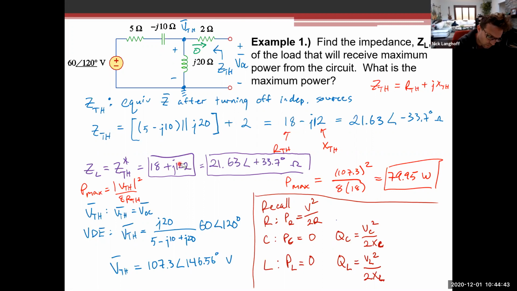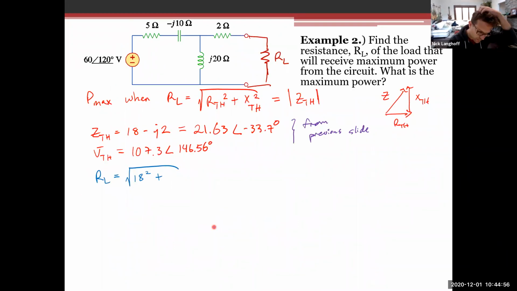The magnitude and phase is still correct by my notes, but I had just not written that quite correctly. So from the previous slide, Z Thevenin is 18 minus J12 ohms.